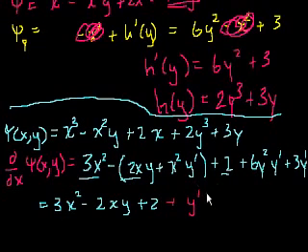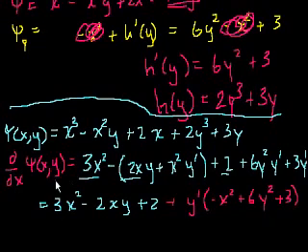Y prime times, so you have a negative sign out here, minus x squared plus 6y squared plus 3. So this is the derivative of our xi as we solved it.